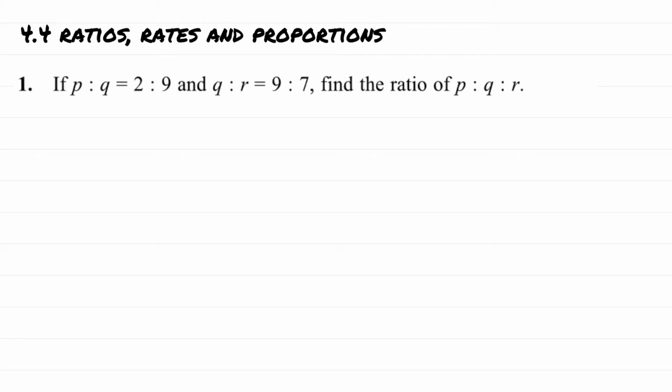If P to Q is equivalent to 2 to 9 and Q to R is equivalent to 9 to 7, now we are given two separate ratios. You want to combine them into one ratio. In order to do that, it's pretty simple. P to Q, you have 2 to 9, and Q to R, you have 9 to 7.